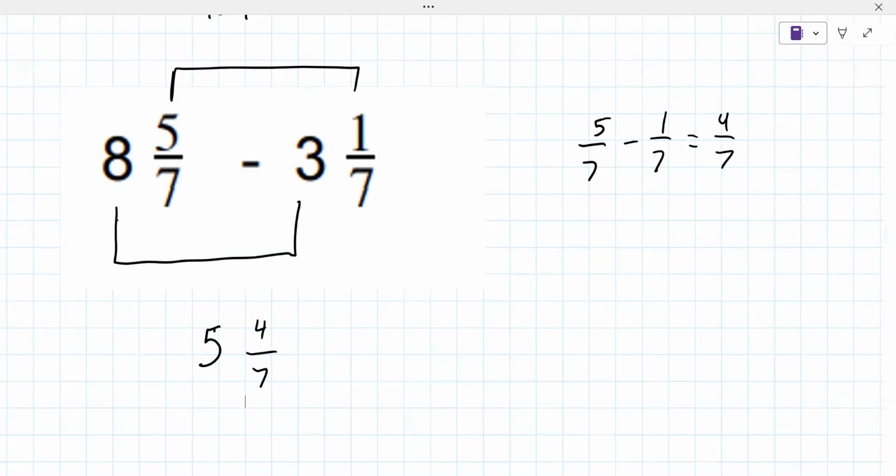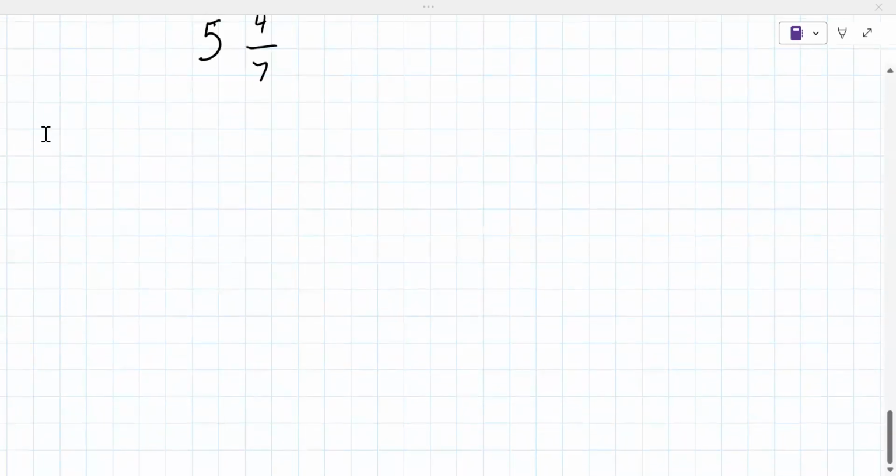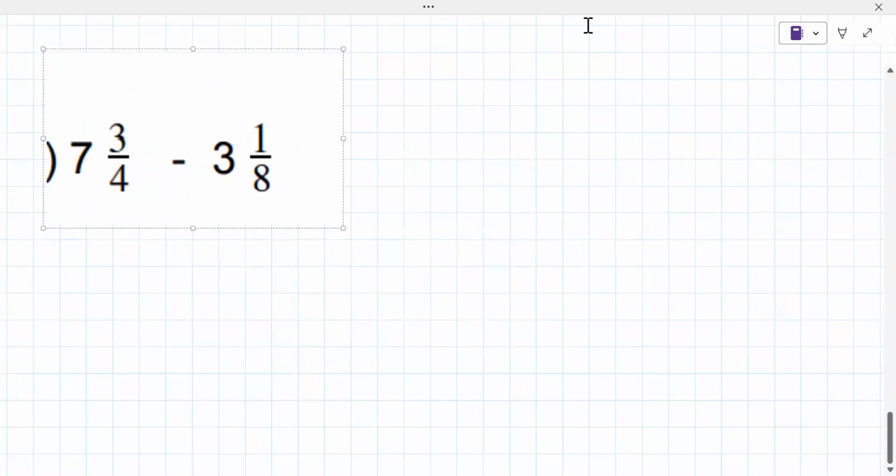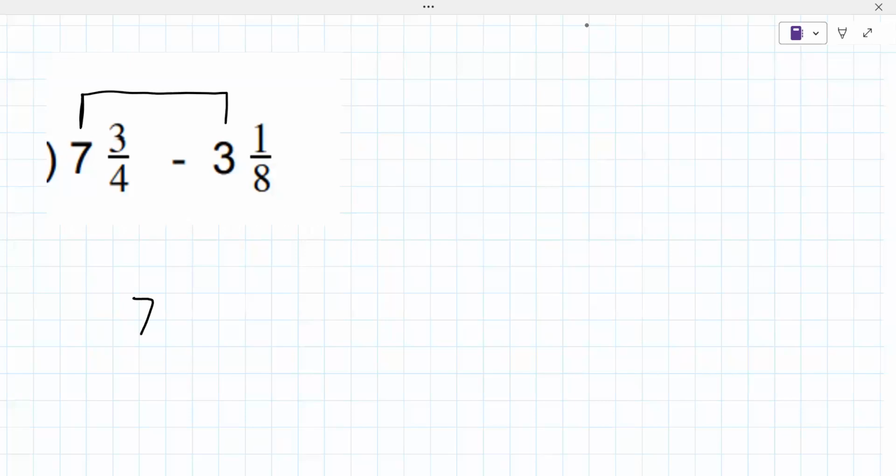Let me do another one for you, and then we'll talk about potential issues that you might face. Here's another one for you to look at. 7 3/4 minus 3 1/8. So you take that 7 and you subtract the 3, which is 4. Then you take the 3/4 and you subtract the 1/8.